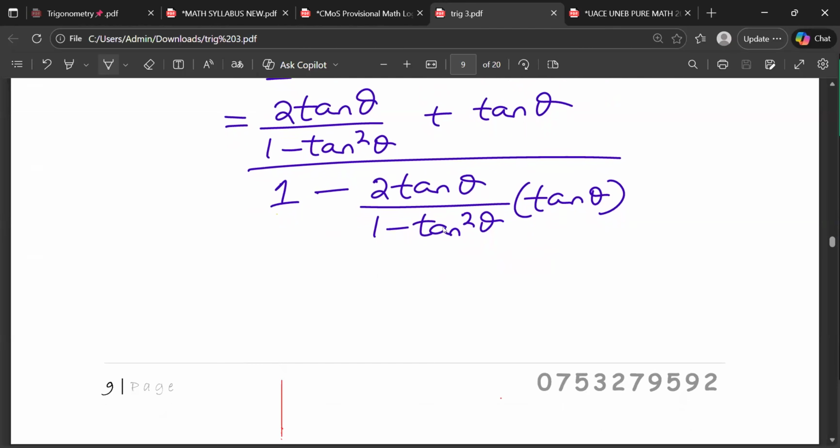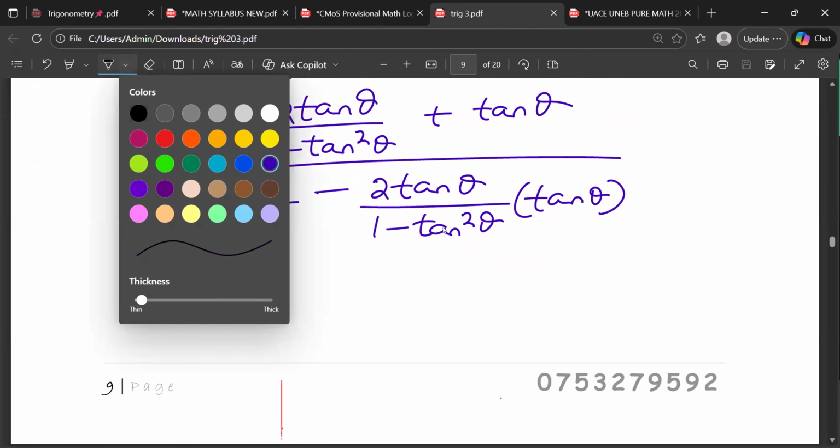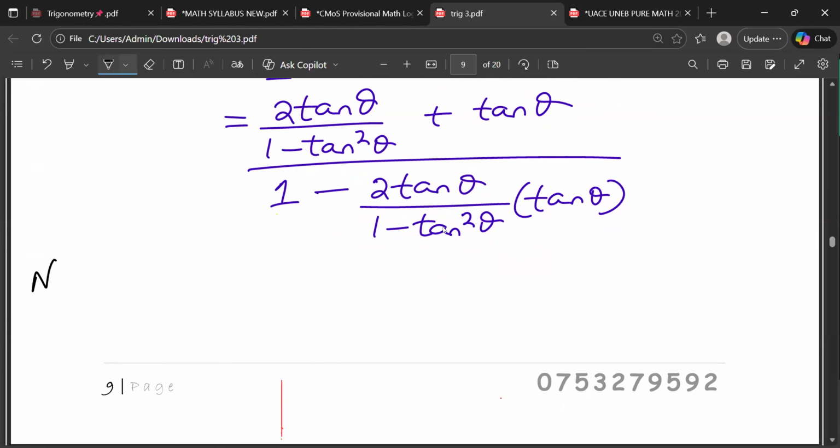Now first let me consider the numerator alone, and then the denominator alone. Whichever you want. For the numerator, what will I have?